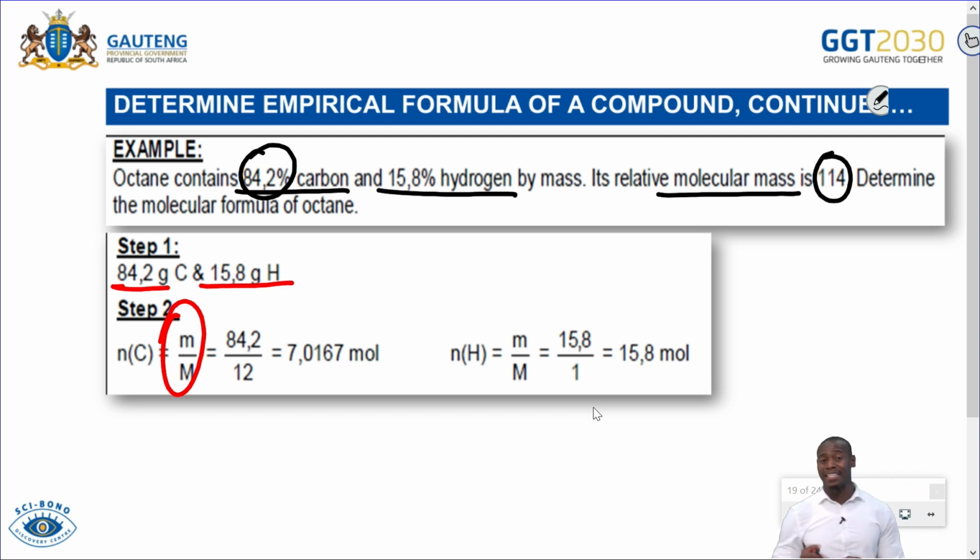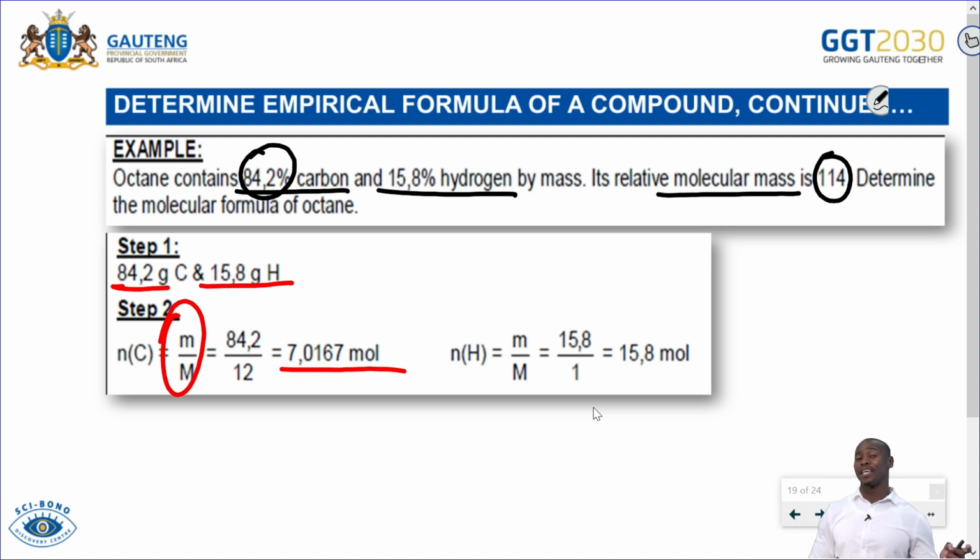So you take that relative atomic mass as it is, because you are not given the chemical formula here, where you'll be able to tell that, okay, I'm having 4 carbon atoms, I'm having 10 hydrogen atoms, right? So hence you use the relative atomic mass of that element as it is from the periodic table, right? So it's 84.2 divided by 12, which is 7.0167 mole, right?